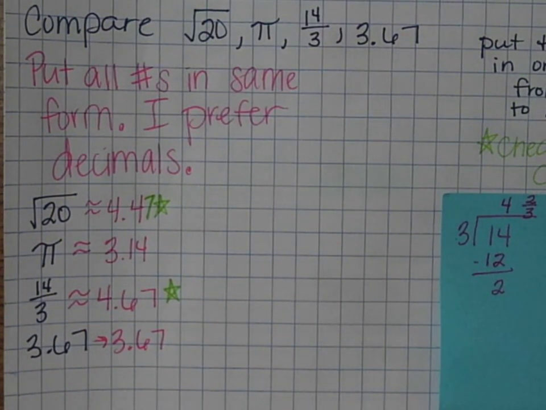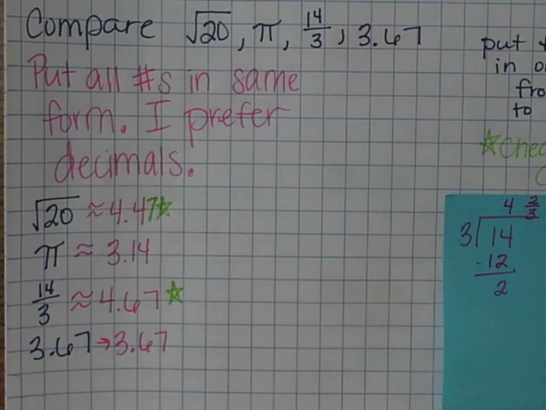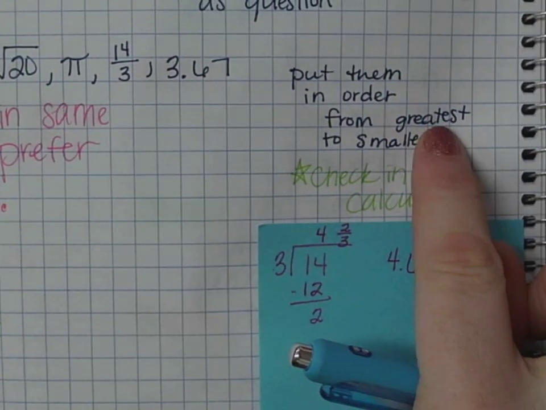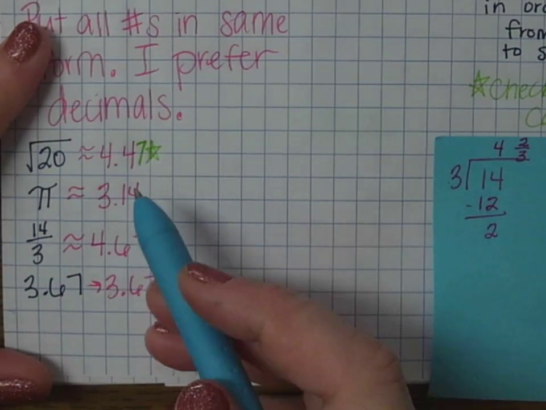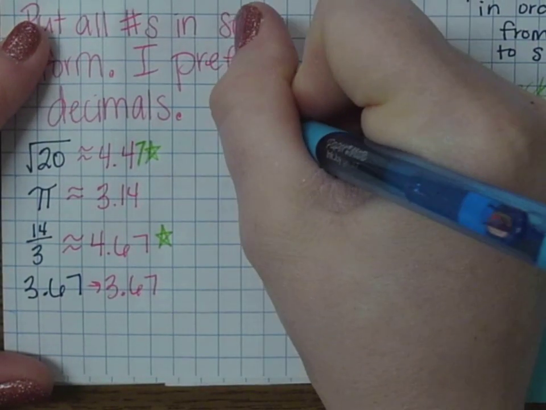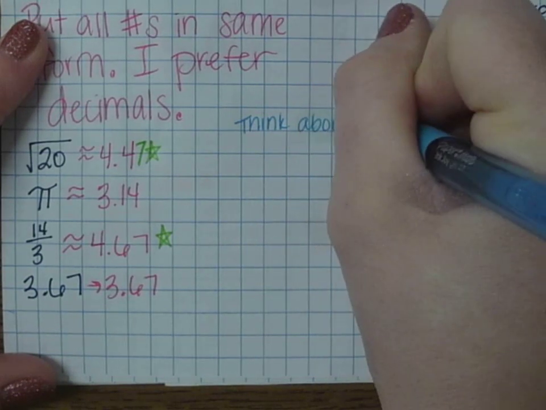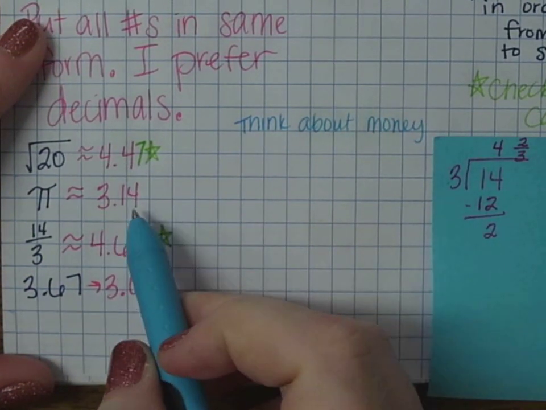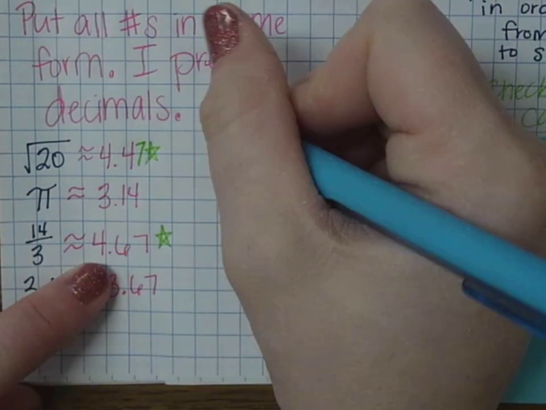Okay, so now I'm going to order them. Notice they're all in the same form now. It says from greatest, remember greatest, so I want to pick the largest number first. If you were thinking about money, which of these would be the greatest amount of money? It would definitely be 4.67.